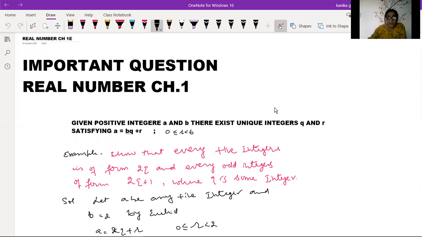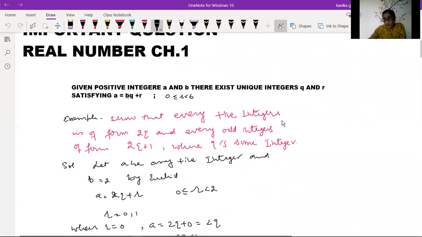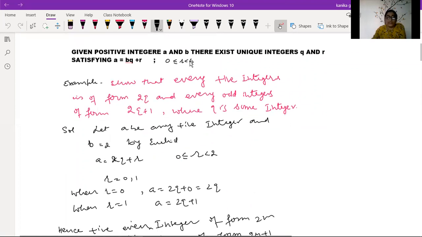Now there are some important questions related to the Euclid division algorithm. Show that every positive even integer is of the form 2q and every odd integer is of the form 2q plus 1, where q is some integer. Now you know that by Euclid division algorithm a is equal to bq plus r, where r is greater than or equal to 0 and less than b.